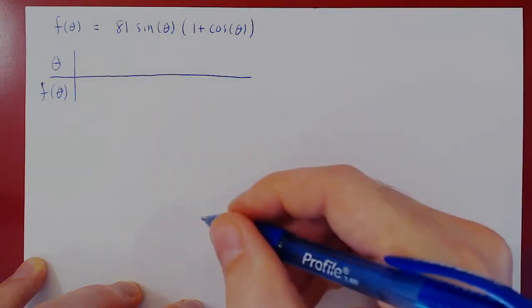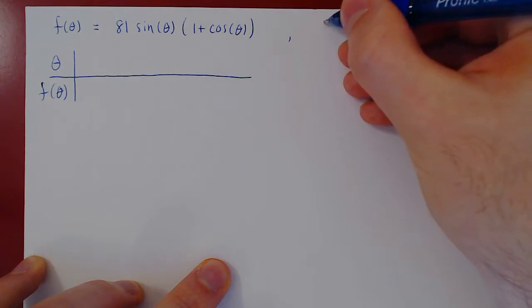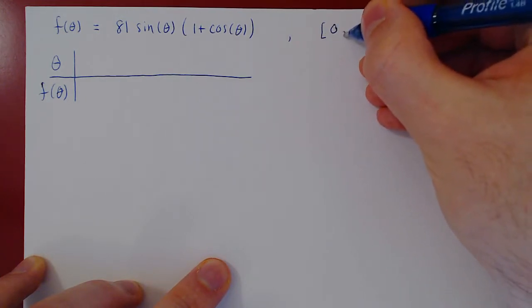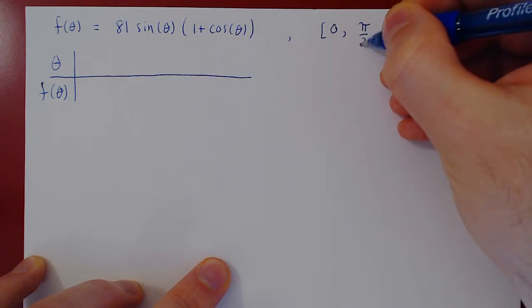And now we will evaluate our function at the key values of theta. Our interval, if you remember, was theta ranging from 0 to pi over 2.